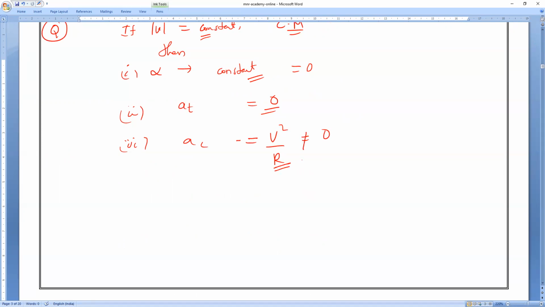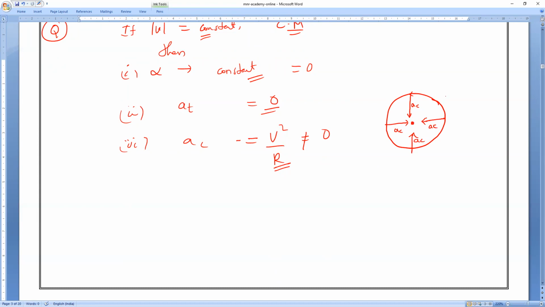In circular motion, even if the speed is constant, the direction is continuously changing. So at every point the centripetal acceleration acts towards the center, or we can say along the radius.